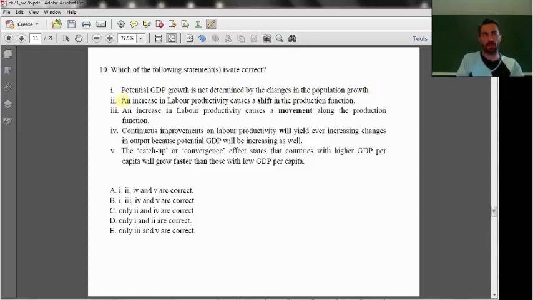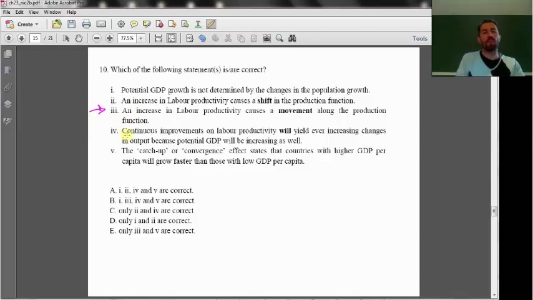Number 2, an increase in labor productivity causes a shift in the production function. Number 3, an increase in labor productivity causes a movement along a production function. And we'll talk more about that in a moment. I just want to remind myself to come back and talk in detail about that one.